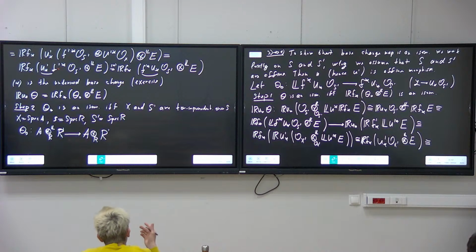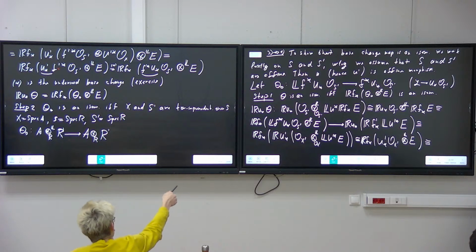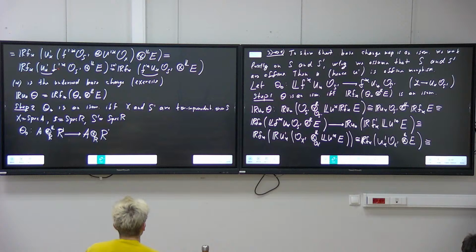In both steps we have an if, but only if we have these assumptions that we can work locally. No, there's R f lower star theta 0 tensor E. If it's an iso, it doesn't say that theta 0 is an iso. So yeah, it doesn't.